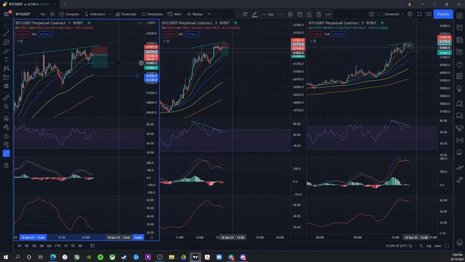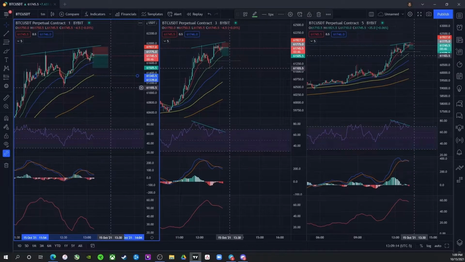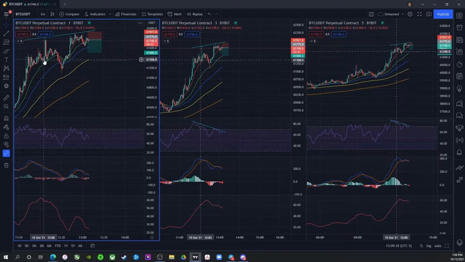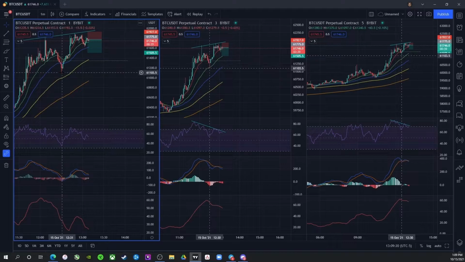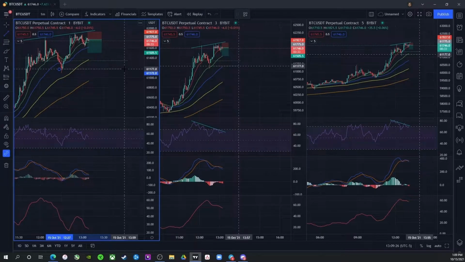Anything after that is a blessing, and I should try to chase it by adjusting my stop loss and my take profit targets. So there's obviously a TP2 that we can try and aim for, and here would even be a TP3. I will put it just a little bit before, honestly, so that it has a better chance of getting hit.